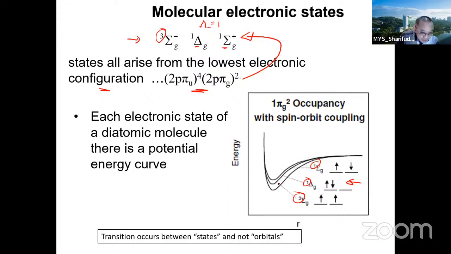Now, why do we represent each state as a curve like this? Of course, in chemistry, one of the most basic things that you will learn is when you have an AB molecule, B can be the same as A. We talk about A and B moving. They can vibrate like a simple harmonic oscillator.